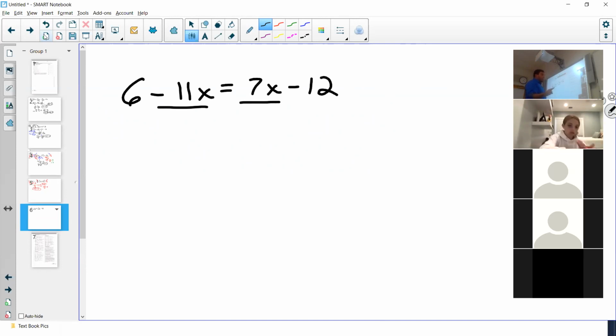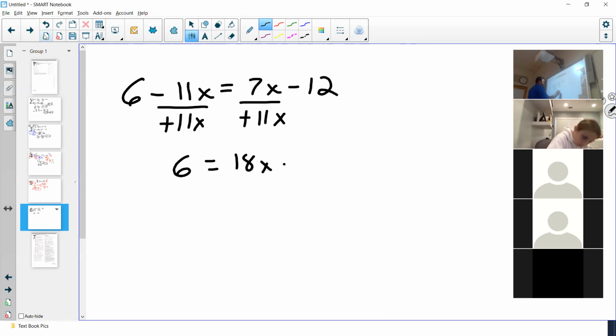Now, it's very important to note, even if you move 7x over and you do all the work properly, you're still going to get the same answer as me. But I always recommend moving the smaller one. It helps avoid more negatives when you do it like that. So I'm going to do plus 11x on both sides. So I get 6 equals 7 plus 11, 18x minus 12.